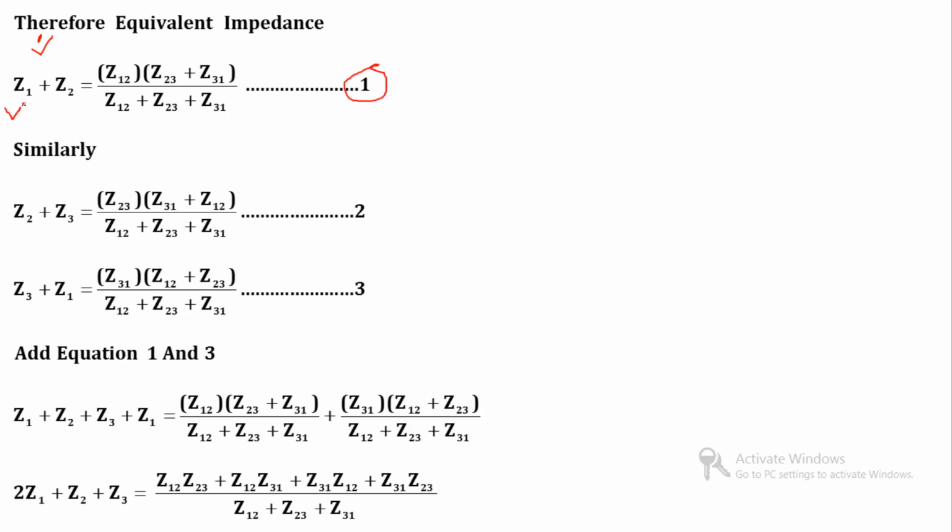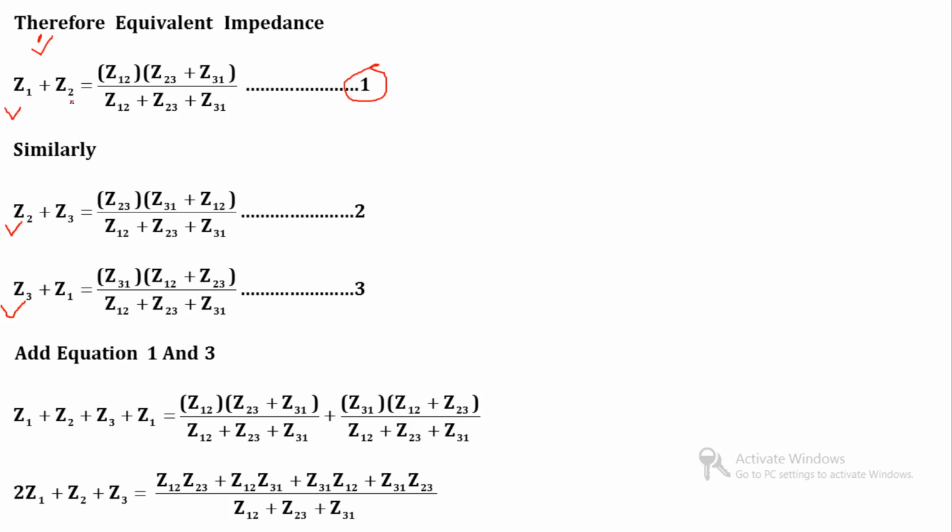This is the equivalent impedance for terminals 1 and 2. Similarly, we can write for terminals 2 and 3 and terminals 3 and 1. Clear? This is the impedance for star connection, and this is the equivalent impedance for delta connection between terminals 1 and 2.